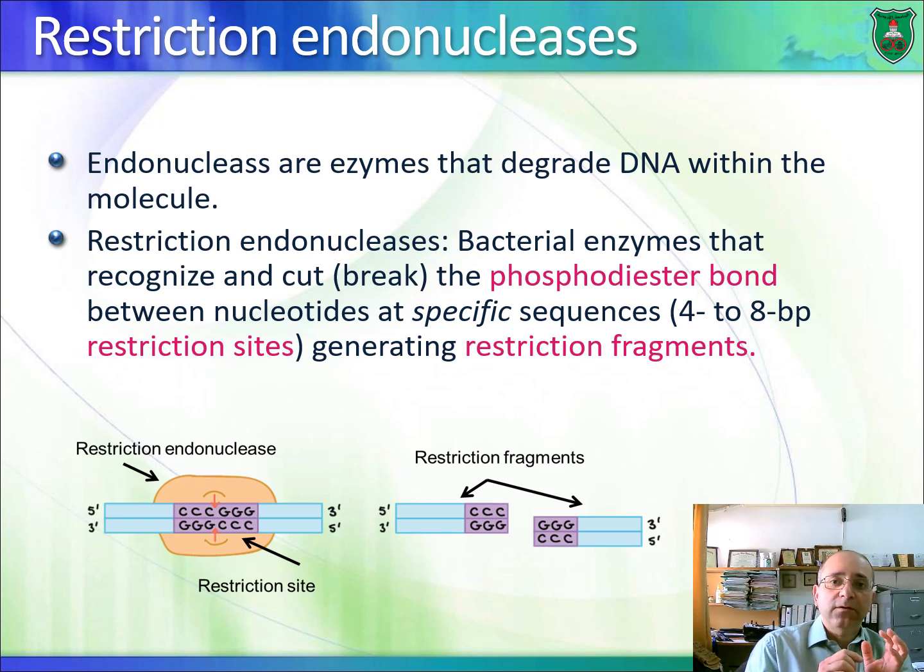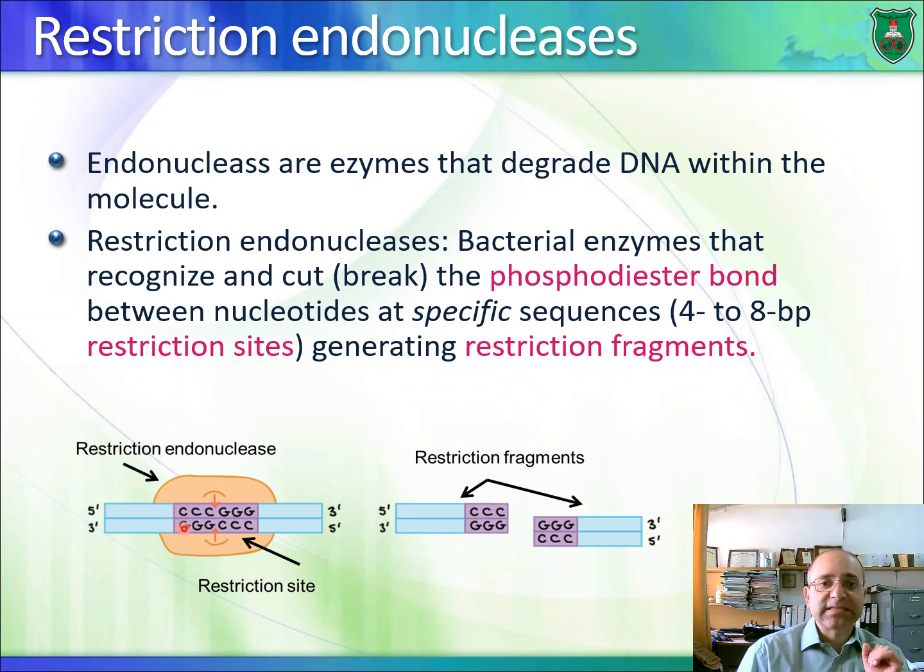This region, the sequence of nucleotides, is known as a restriction site. So it's a place where the restriction endonuclease recognizes. For example, you have right here a sequence within a DNA fragment.